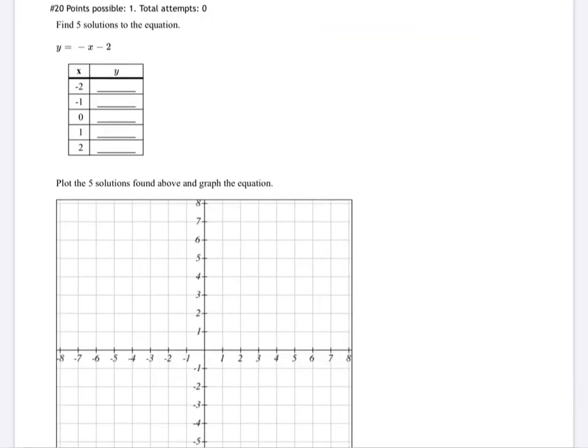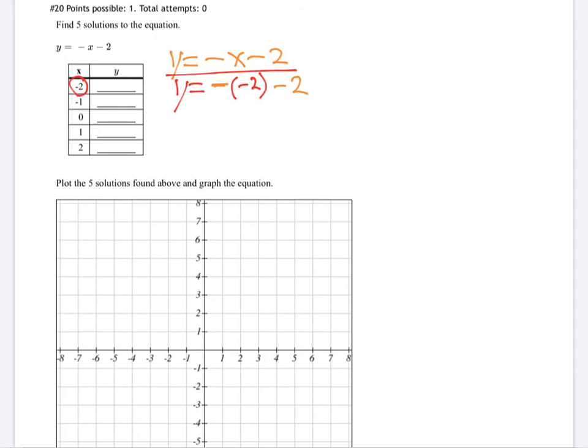Question. y equals minus x minus 2. They want me to take that equation and plug in different x values. So they're starting with x is negative 2. So I'm going to go, okay. Now watch out here. There's the negative that's part of the formula, and then I'm plugging in negative 2, like so. Does that make sense?